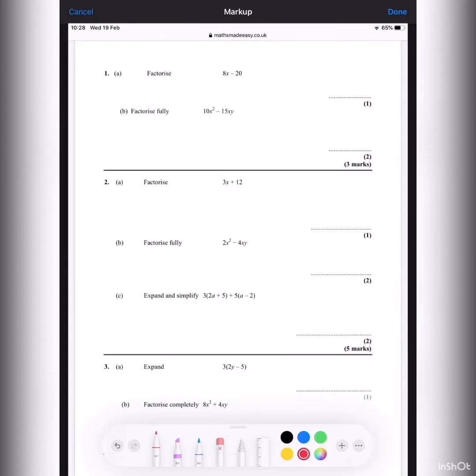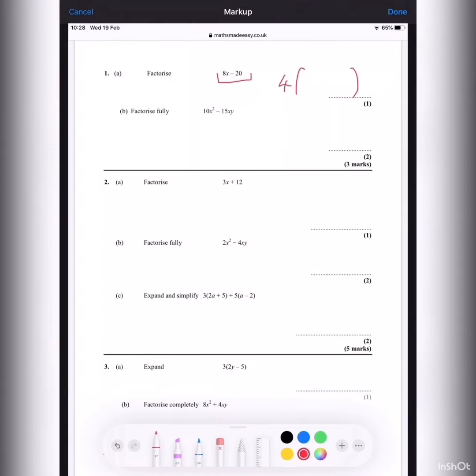So the first thing we need to do when we factorize is look at what is common between them. So if we're looking at this 8x and the minus 20, hopefully we can see that the highest common factor of them both is 4. And it's only going to go into one bracket because we can take something out of both.